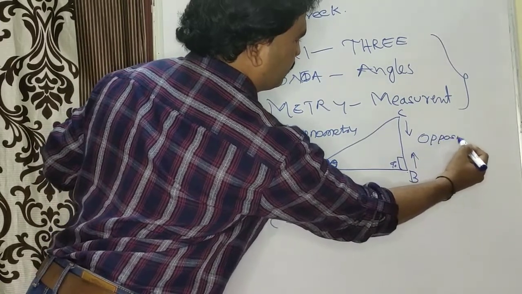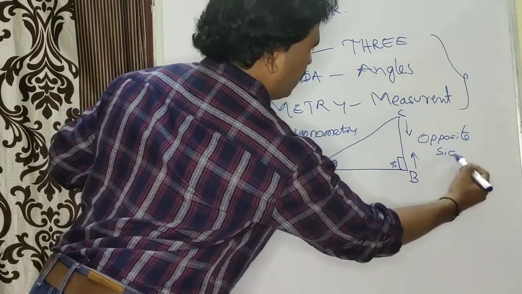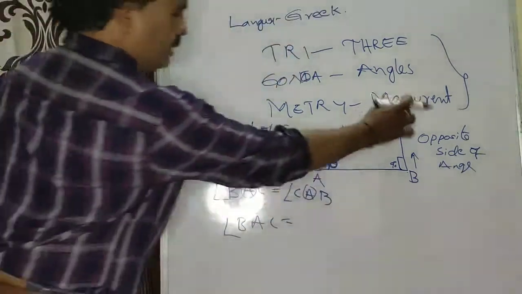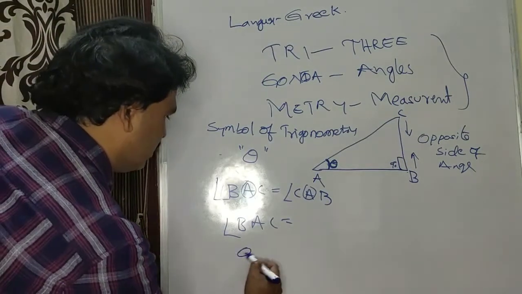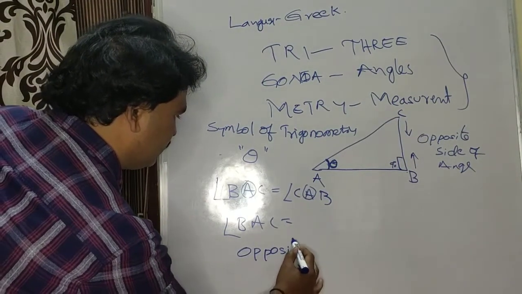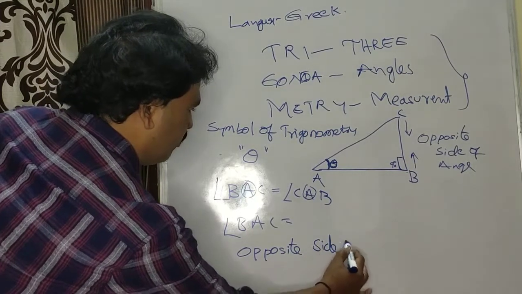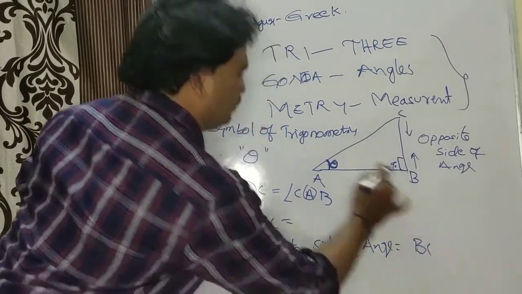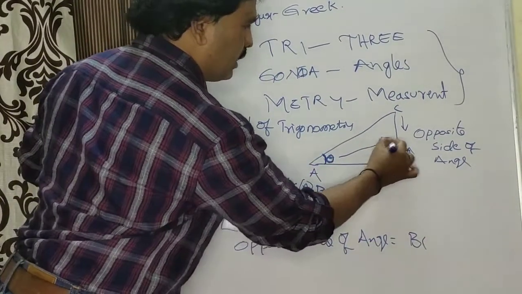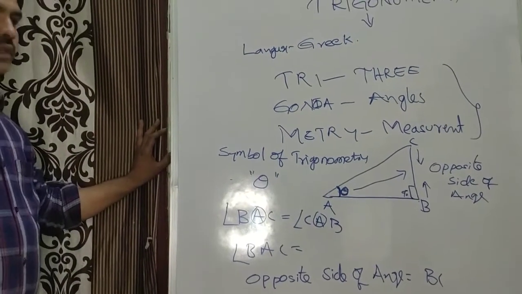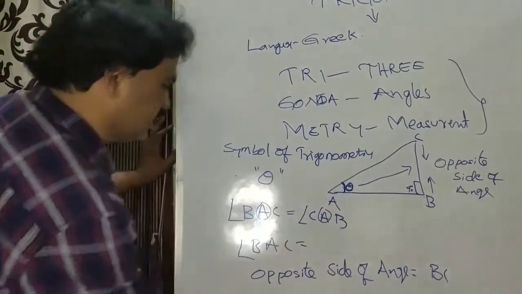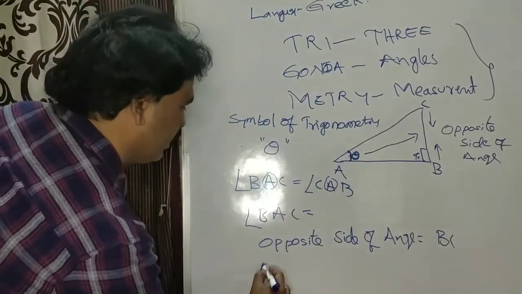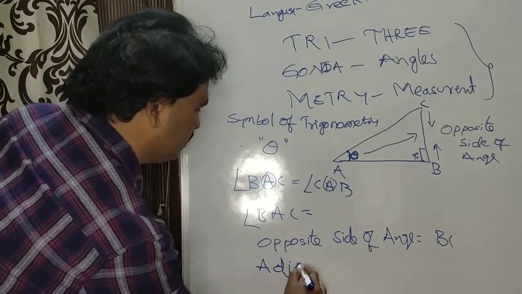That is BC, exactly opposite to the angle. So that is called the opposite side of the triangle. Next, the second one is the adjacent side of the angle.